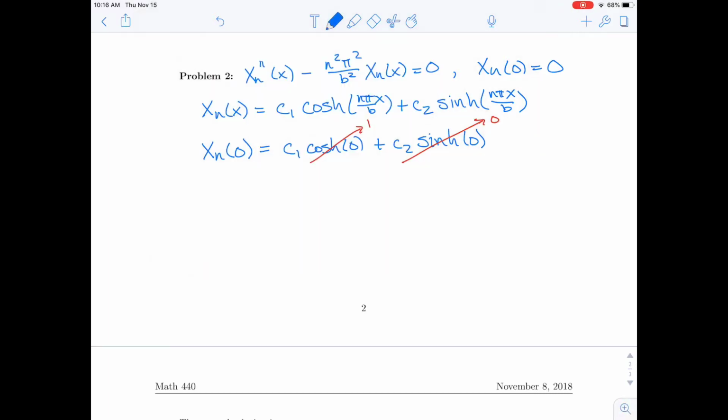So this gives us C1, and that C1 must be 0. So now we have that x sub n of x must be sinh of n pi x over b.